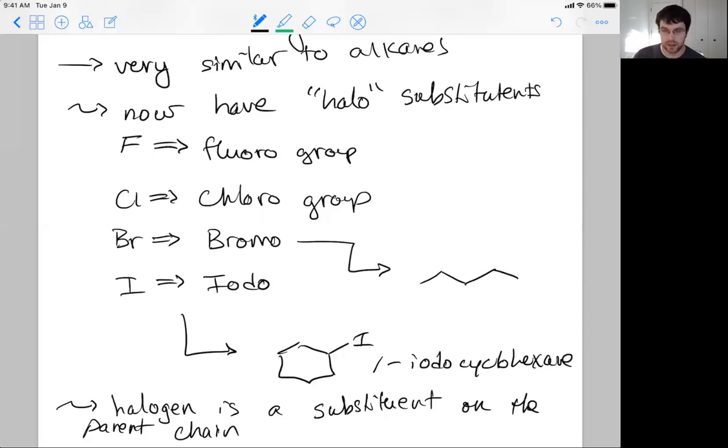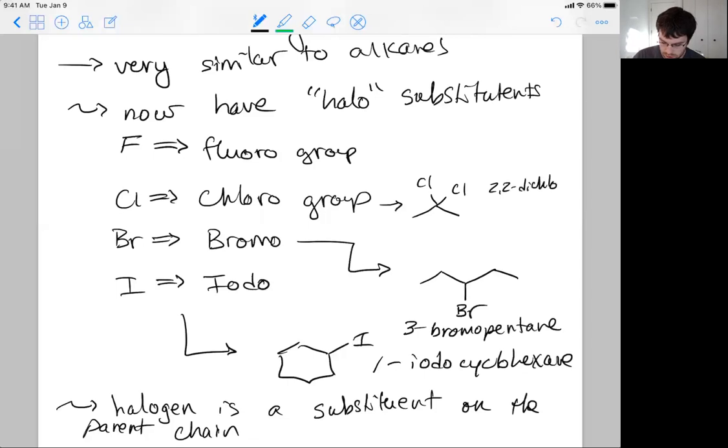Let's say we've got the molecule pentane and we throw a Br in the middle of it. We would call that 3-bromopentane. And if we had multiple halogen atoms, we could call this 2,2-dichloropropane.